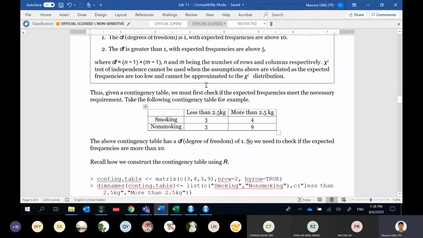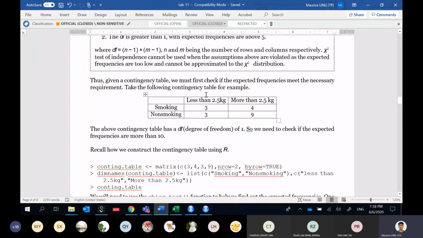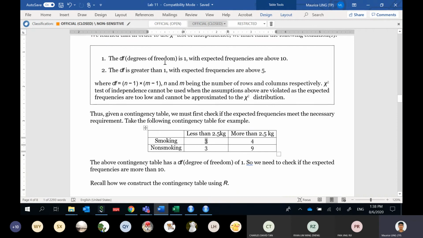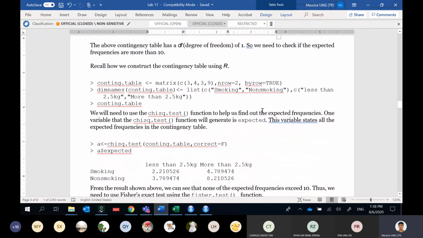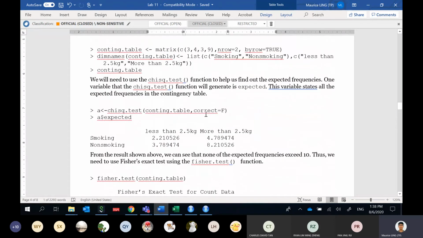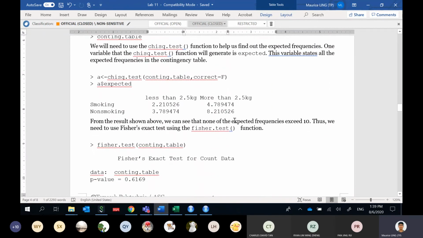It is automatically used when the sample counts are smaller. The degrees of freedom is 1, expected frequency is less than 1/10. But what happens if it's lower? Then you automatically use Fisher exact test. You can use a chi-square, or you can use a Fisher exact test.